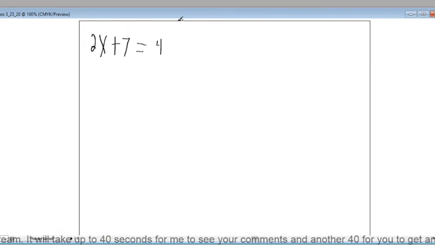The comparison it's making right now is that both of these values are exactly equal to each other, and it's testing to see if that is correct. Could we have 2x plus 7 equal to 4? What's going to be necessary for us to make this true? That's the x statement. X is what we use to make this thing true.